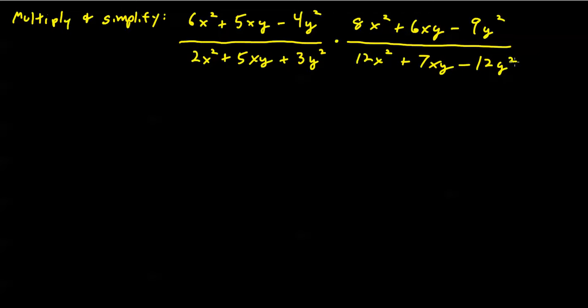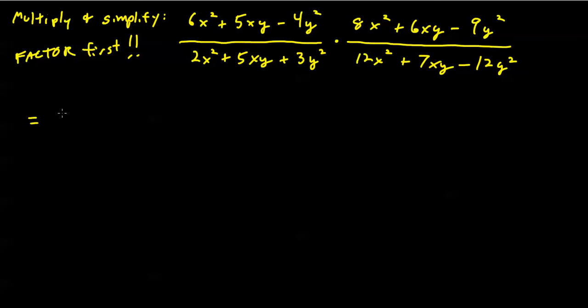Alright, so we've got a rational expression times a rational expression, and they're all including polynomials of degree 2, right? Alright, factor first. The idea here is you want to factor each of the 4 polynomials into all its irreducible or prime factors, and then look to cancel out the common factors.